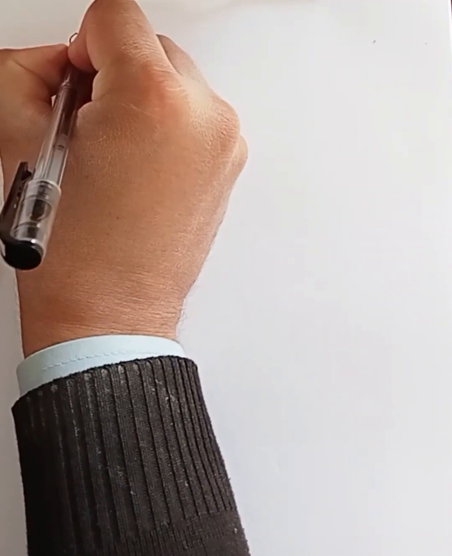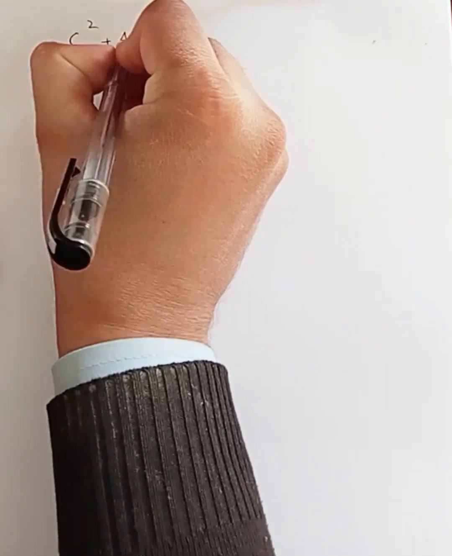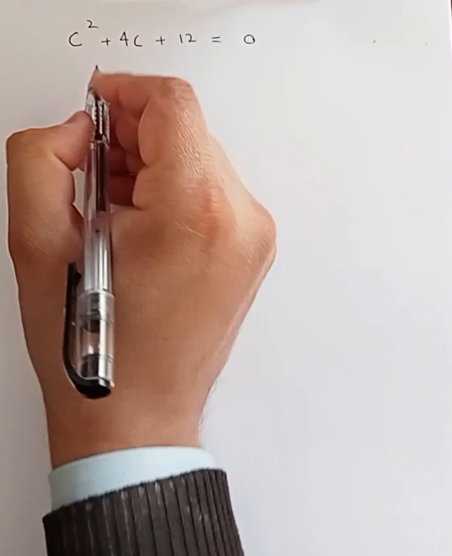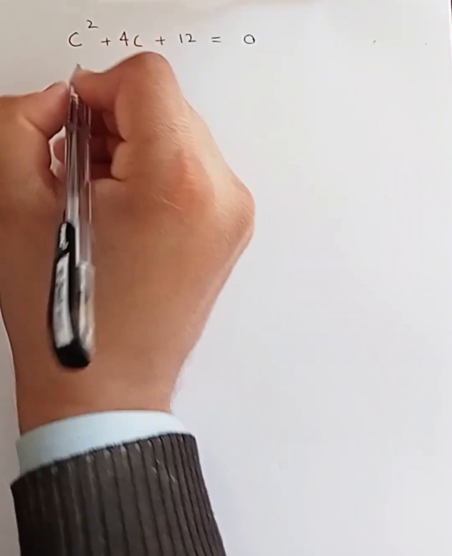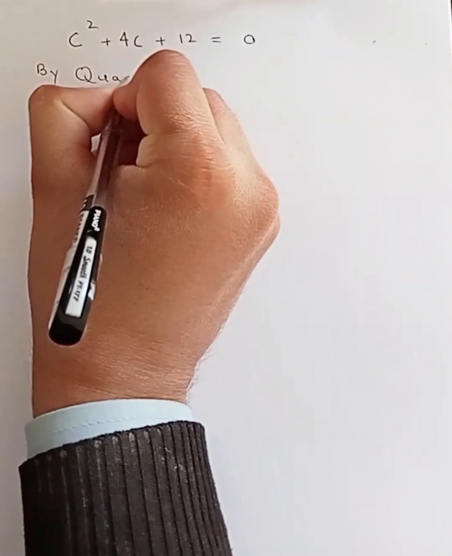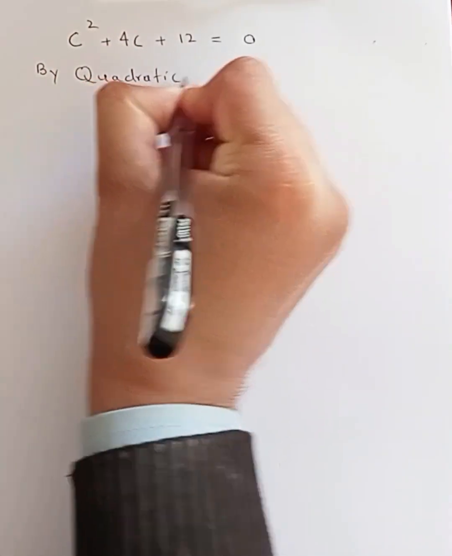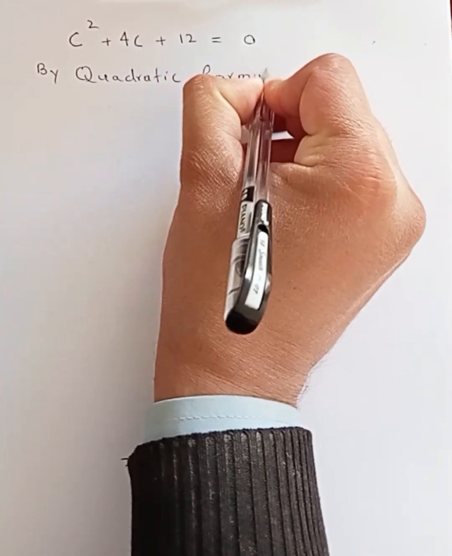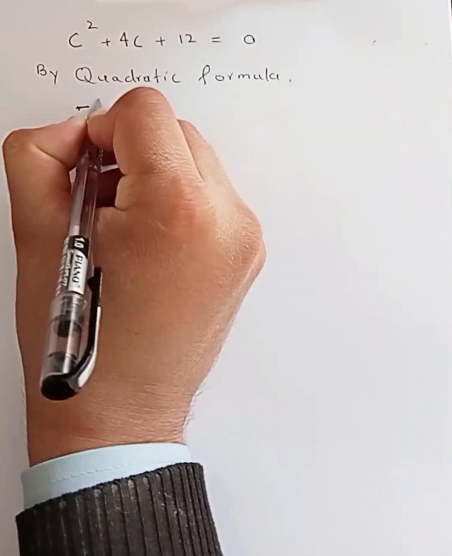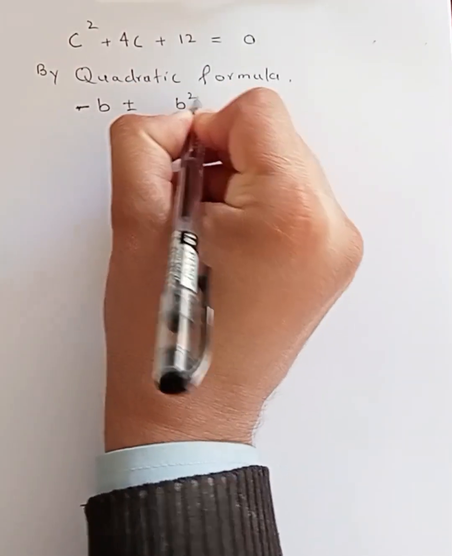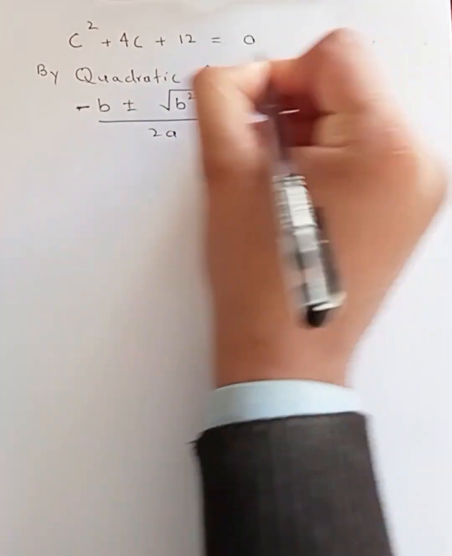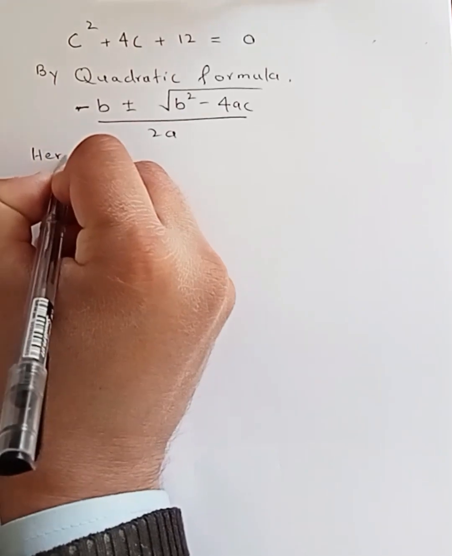So we have c square plus 4c plus 12 is equal to 0. This is a quadratic equation, and as we know, by the quadratic formula, x is equal to minus b plus or minus the square root of b square minus 4ac, all divided by 2a.